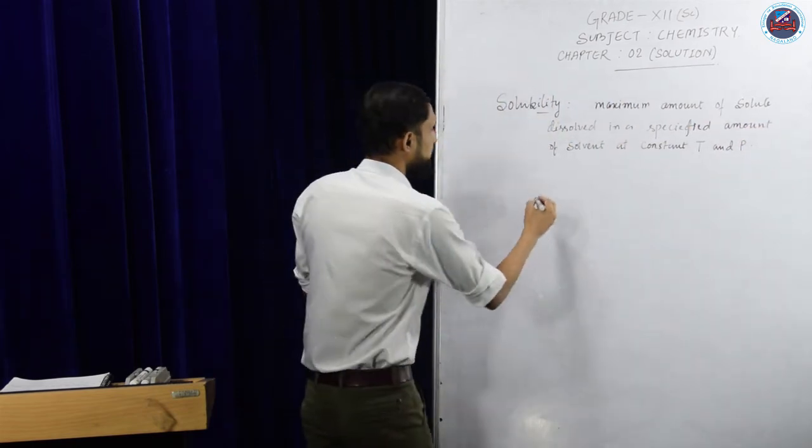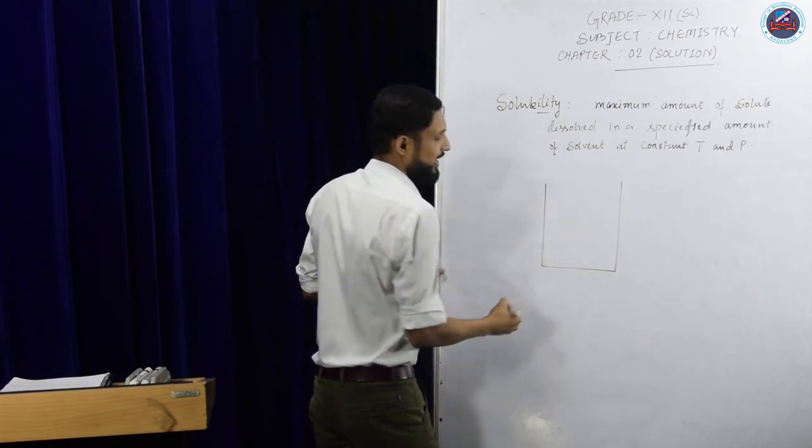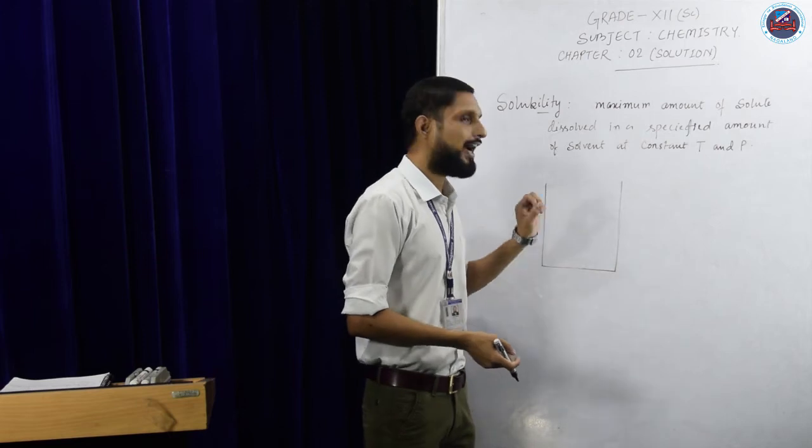So you take a specified amount of solvent, can be 1 liter, 2 liter, it can be any amount, but it has to be specified.